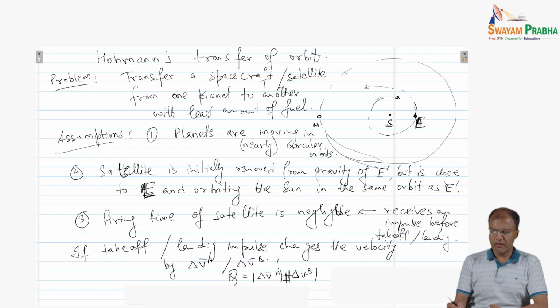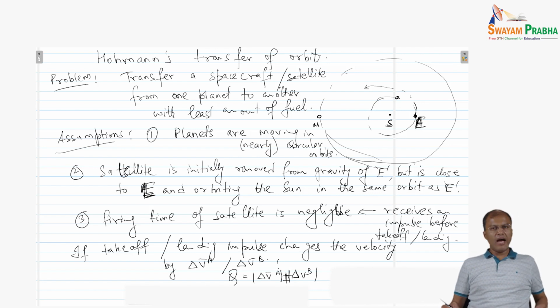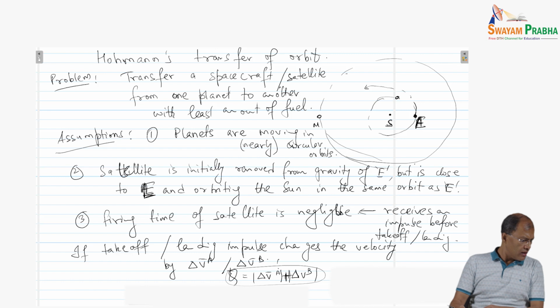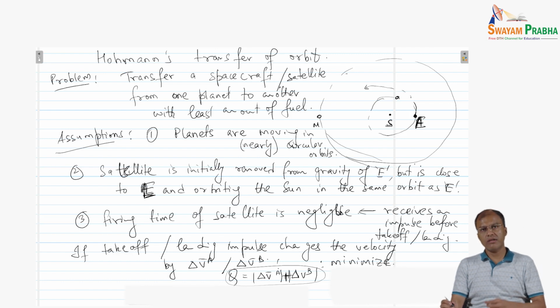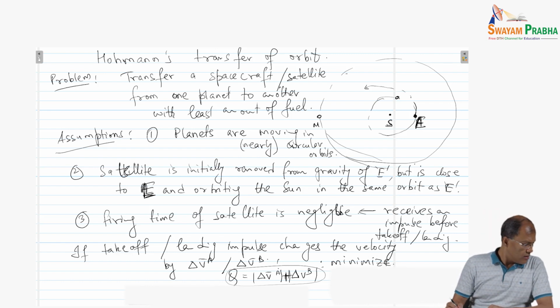My total impulse is delta VA plus delta VB, and each impulse consumes fuel. So we want to minimize the fuel, we want to minimize the quantity capital Q, which is the total impulse, right? And this must be minimized. So I want to minimize my total impulse, because that is consuming my fuel, right?